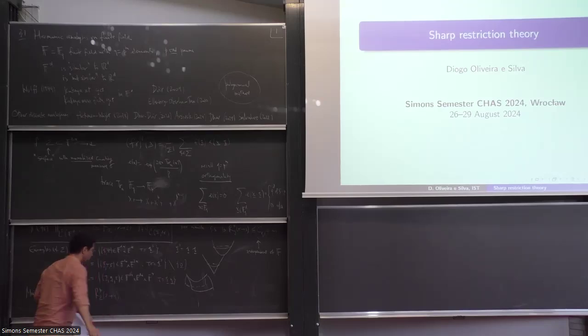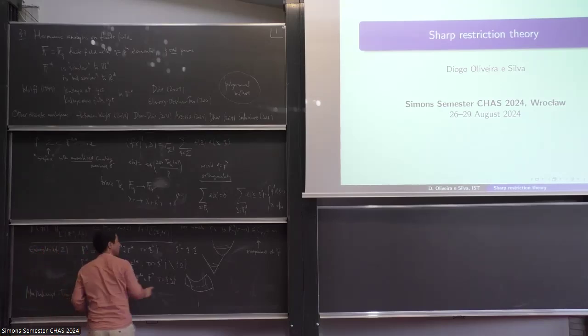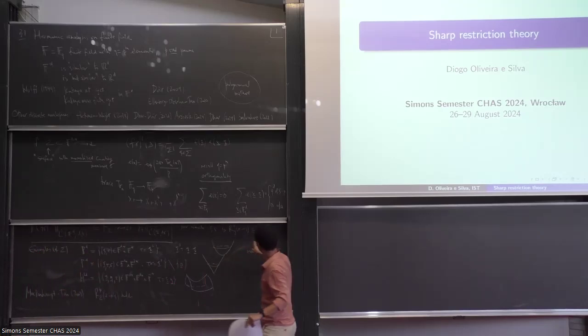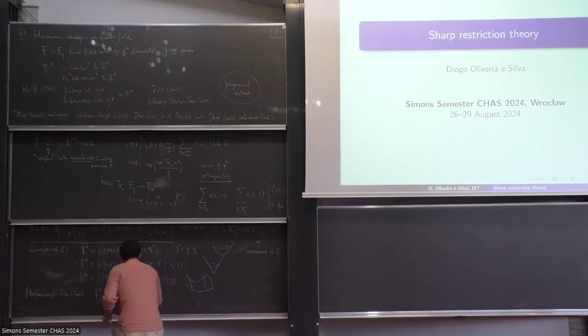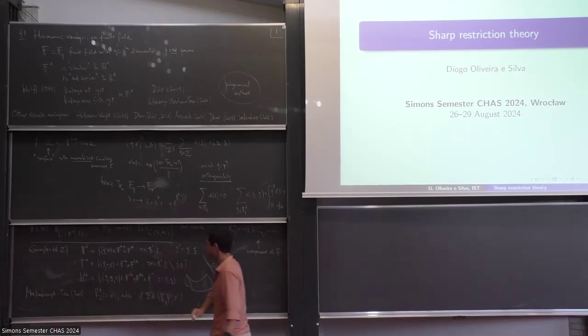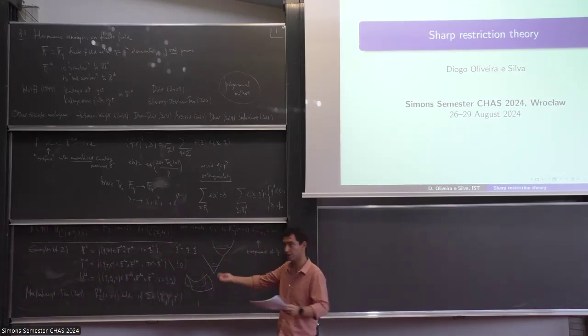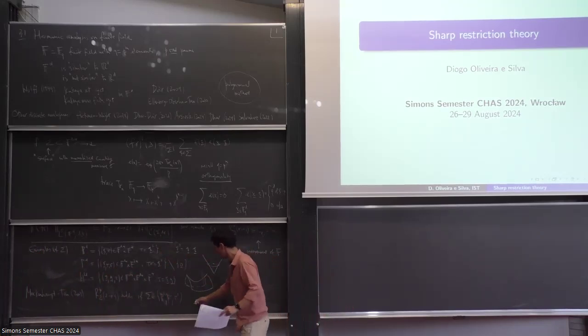They consider L2 to L4 extension inequalities, and they show that this holds in the sense that I explained before, with constants that are independent of the base field. This holds in three cases: if sigma is the one-dimensional parabola, the two-dimensional parabola, and the two-dimensional cone. They have other results, but these are the ones that are more relevant for what I'm going to say today.